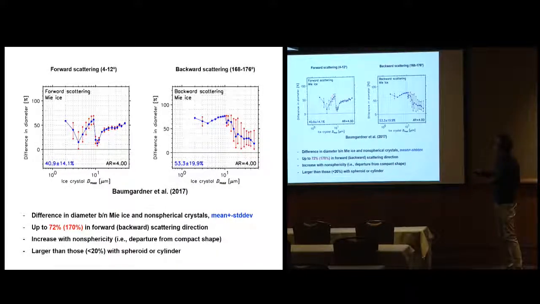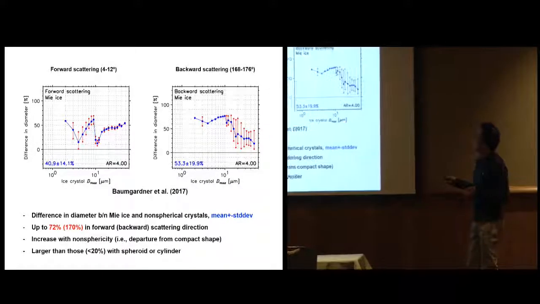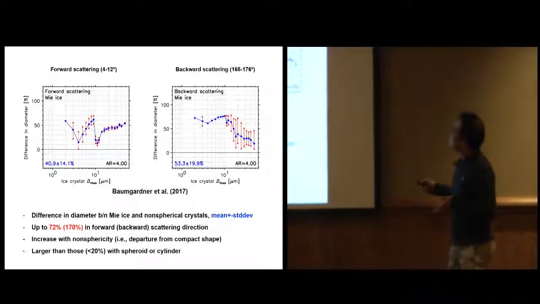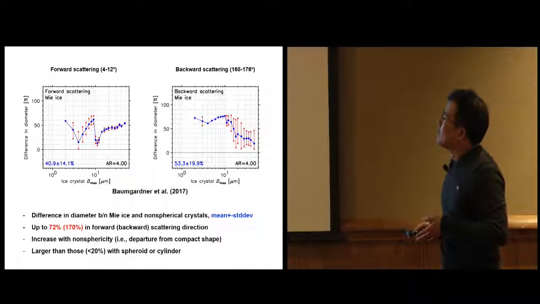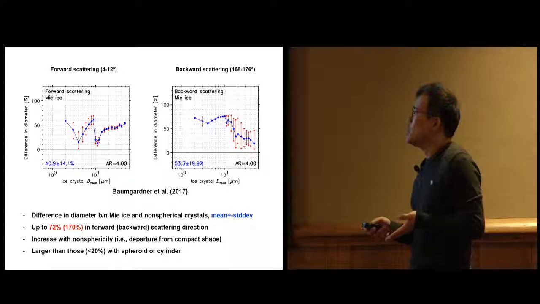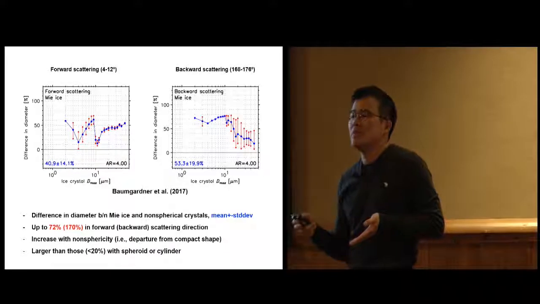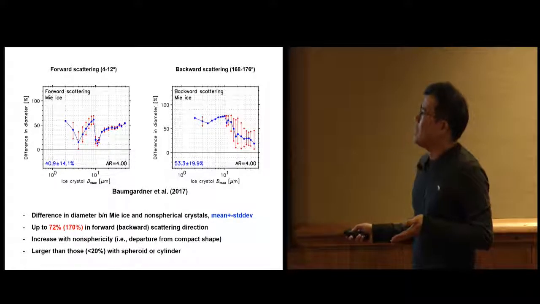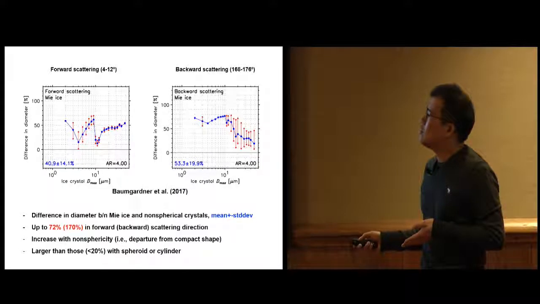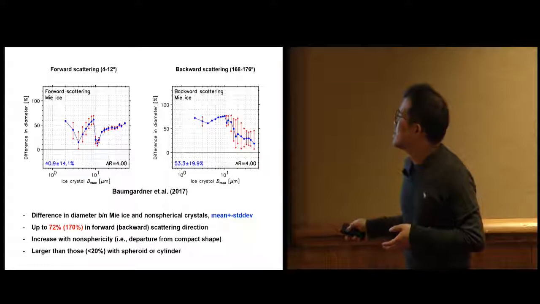Then the average error across all sizes is about 41% in the forward scattering direction and 53% in backward directions. And these errors can be much larger for other aspect ratios or specific sizes of ice crystals, up to 72% in forward scattering and 150% in backward scattering.